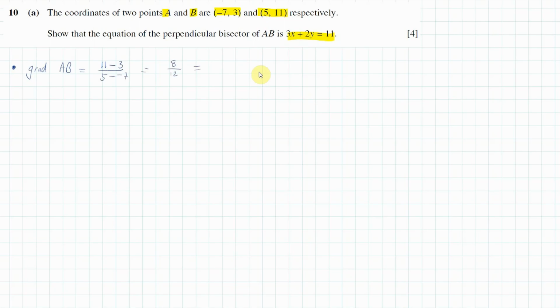Or we could say, 4 goes into both of those, 2/3. Which means, therefore, that the gradient of the bisector must be the negative reciprocal, so will be negative 3/2.